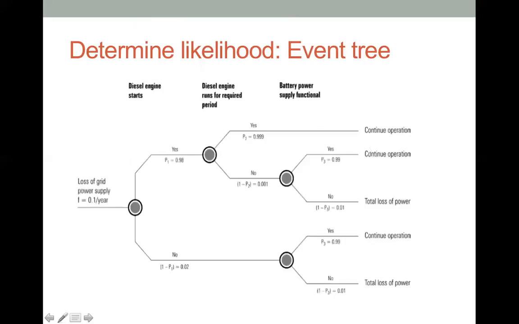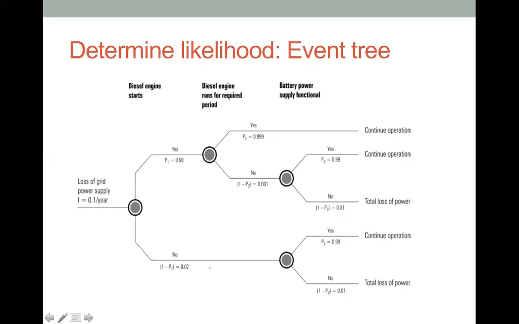Still using the event tree, we can also measure based on probability. Like this one here, loss of grid power supply: the probability is, say, 98% or 0.98. Yes, we'll have that issue.